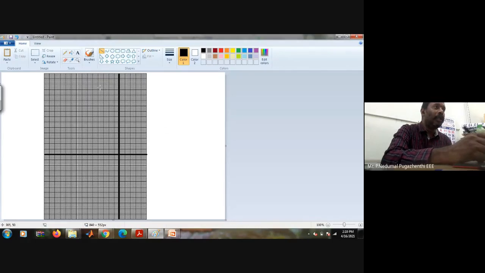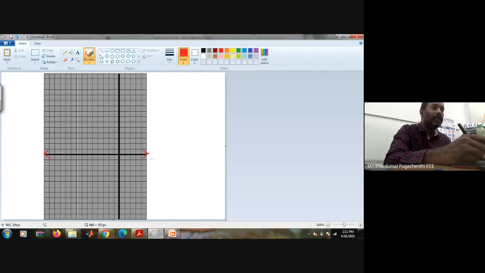Let me take a pointer, and I will choose red color. So s = 0, s = -2, and -4. Okay, so this is going to be my linear graph sheet.